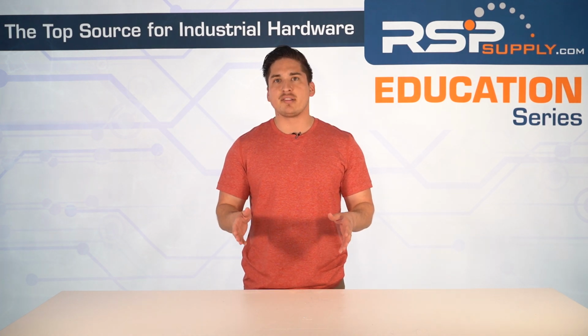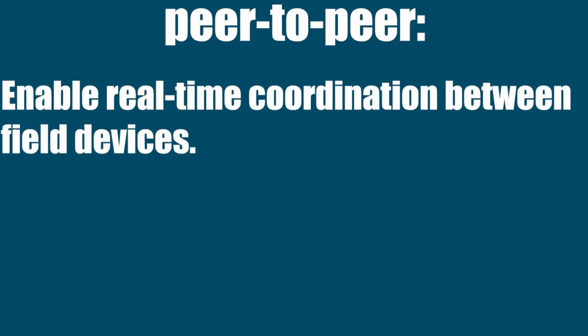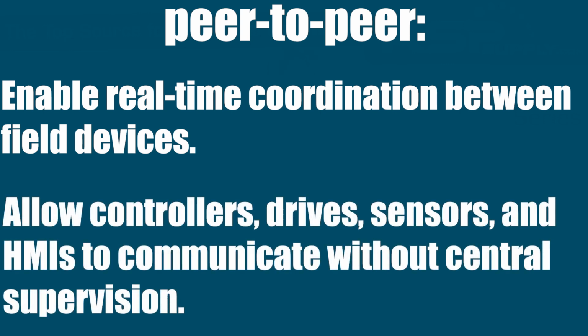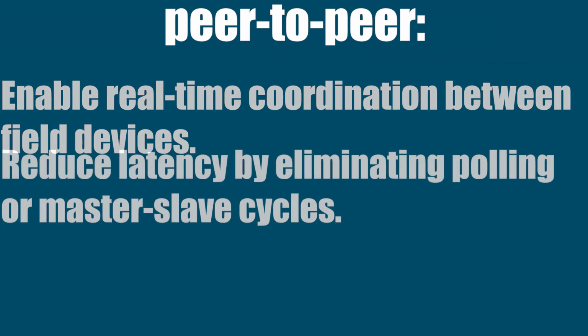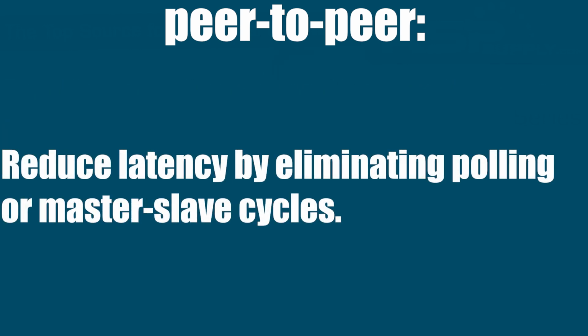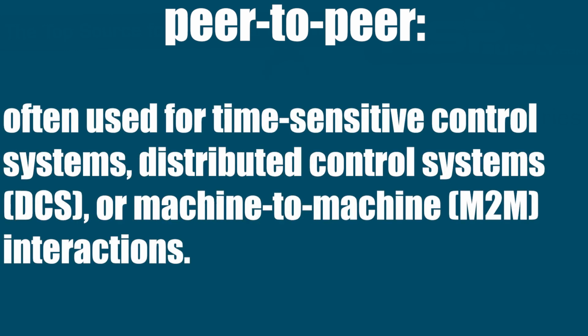In industrial environments, peer-to-peer topology is commonly used to enable real-time coordination between field devices, also to allow controllers, drives, sensors, and HMIs to communicate without central supervision. It also reduces latency by eliminating polling, data gathering, or master-slave cycles. This setup's often used for time-sensitive control systems, distributed control systems, or machine-to-machine interactions.